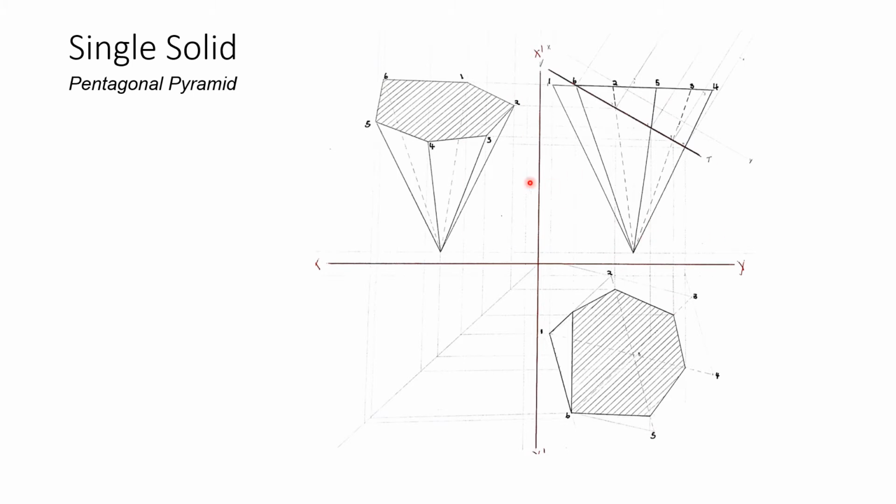That's why I wanted to start with this slide, to explain that you should act as if you're given two separate solids. You have to draw them together because they're in contact, but you need to treat these two solids as separate drawings.